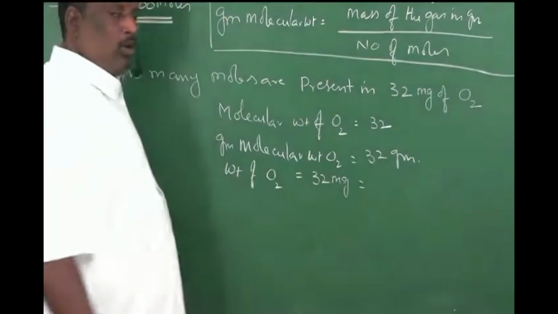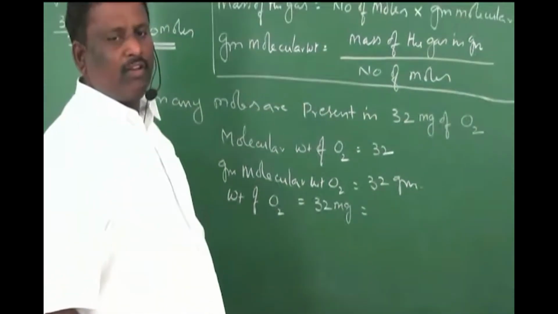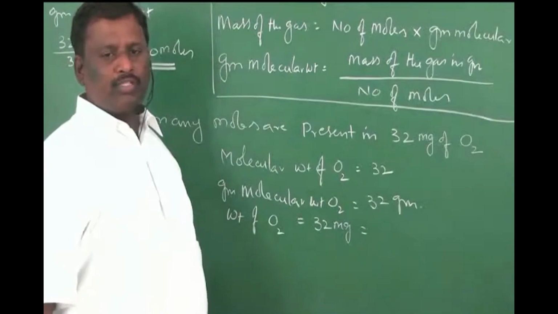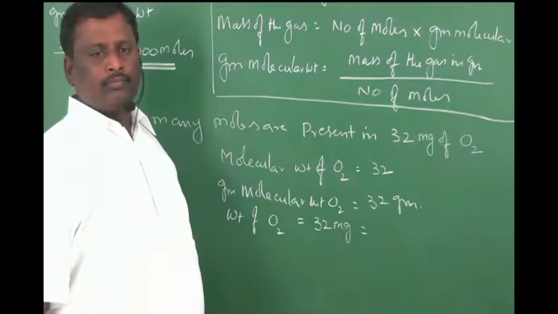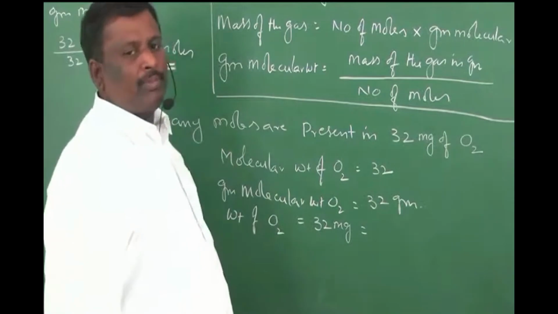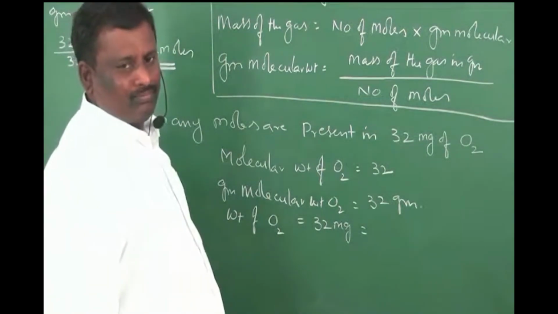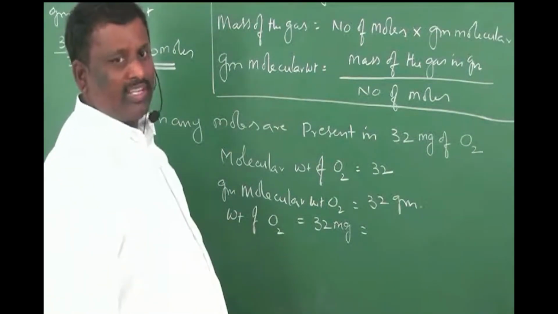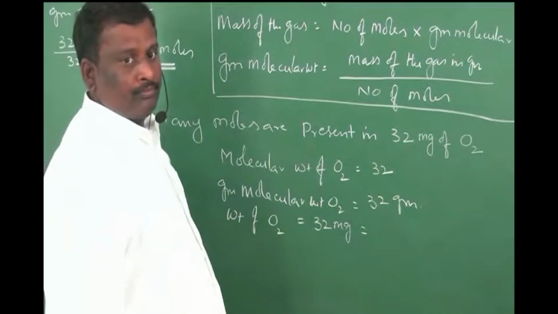So you should convert it into grams. How will you convert milligrams into grams? How many milligrams are there for 1 gram? 1000 milligrams will be equal to 1 gram. Milli means 1/1000, centi means 1/100.